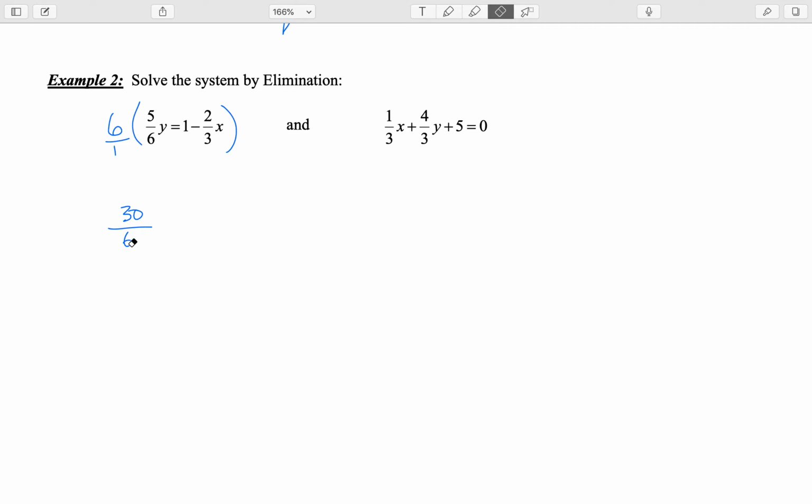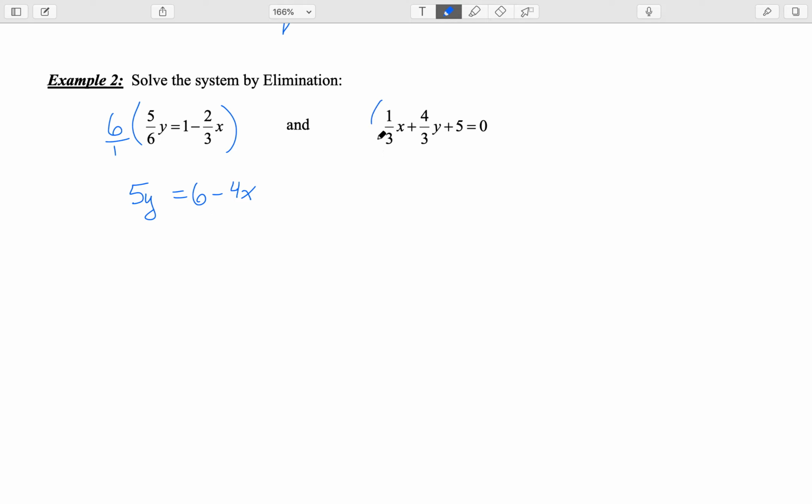So this becomes 5y. When I multiply by 6 over here, 6 times 1 is 6. 2/3 times 6 is really 12/3, which is 4. Okay, so this is the exact same equation, but with better numbers, no fractions. I like it better with no fractions. Now what?